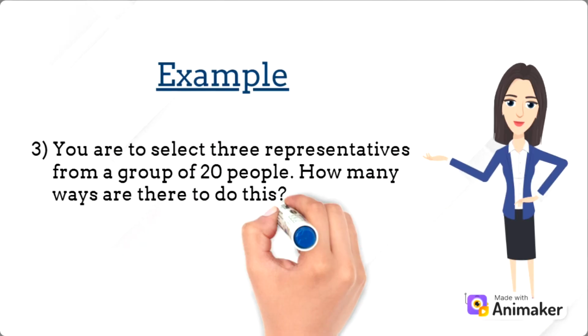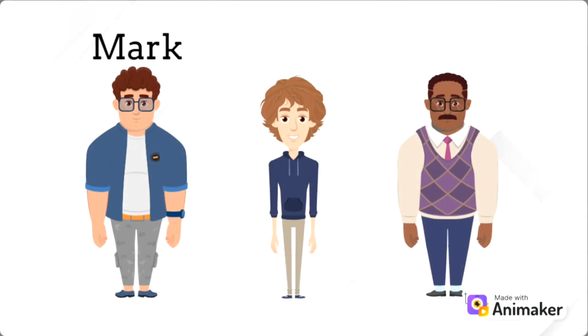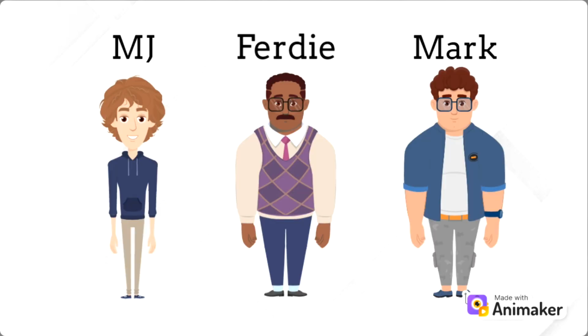In example number 3, you are to select 3 representatives from a group of 20 people. How many ways are there to do this? If we select 3 people, say Mark, MJ, and Ferdy, it's still the same group if we said we selected MJ, Ferdy, and Mark.